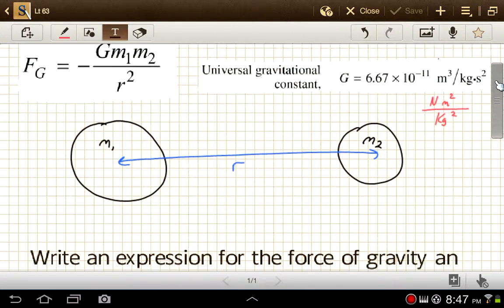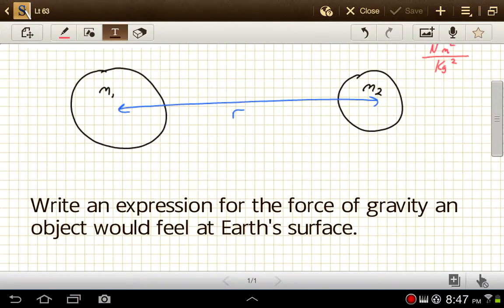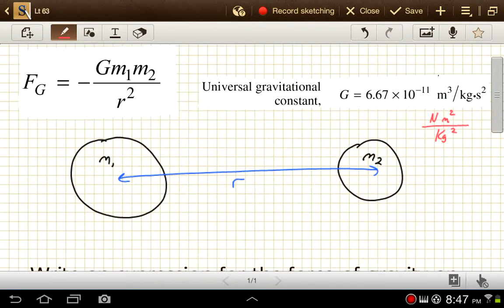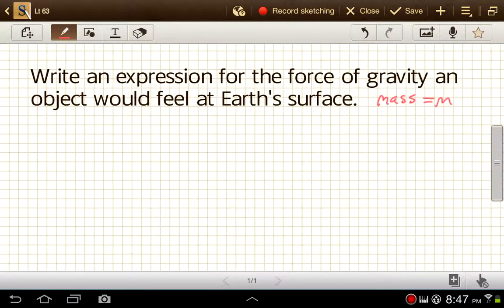So, as an example of this, let's write an expression for the force of gravity acting on some unknown mass, and we'll just say that this object has a mass m at the Earth's surface. So the distance between those two objects is going to be just the radius of the Earth. So we draw this out.